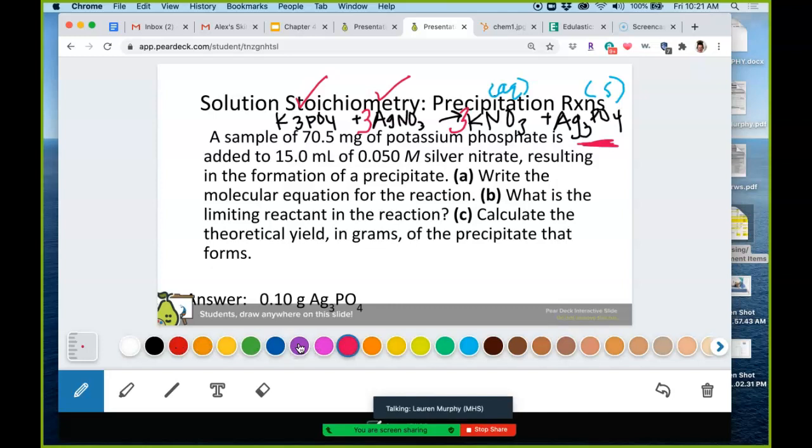So let's find the potassium phosphate first. So I'm going to rewrite that as grams. This is 0.0705 grams of potassium phosphate. And we got to turn grams into moles. And I have no idea what that guy's molar mass is, so 212.27.